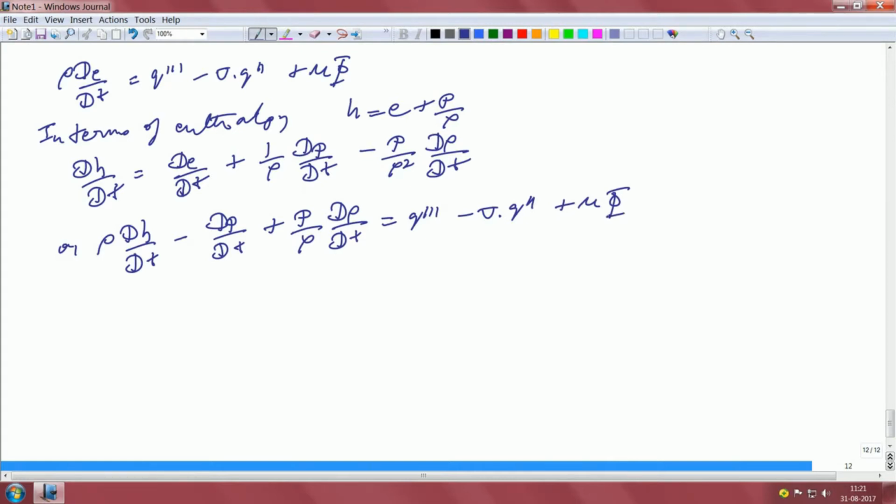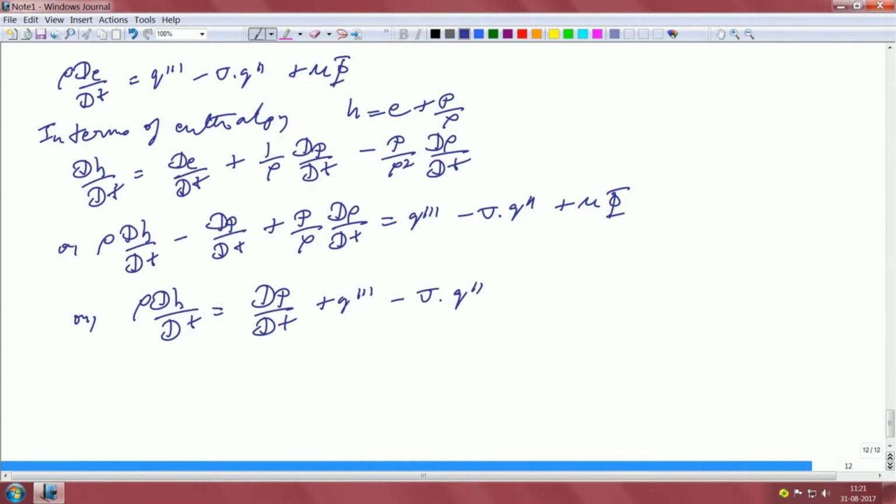Now, dH by dt, you can take this dP by dt to the other side, plus q triple prime minus q double prime.